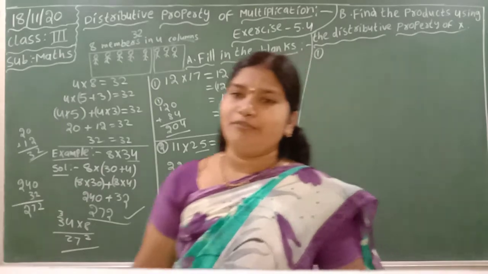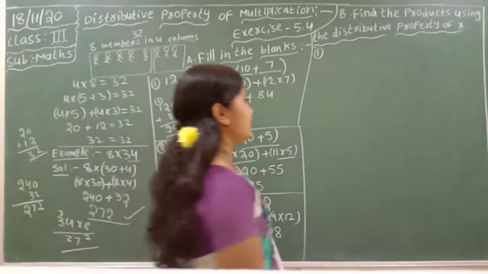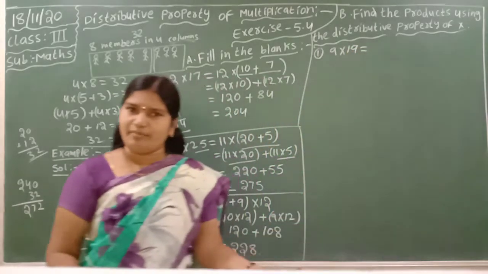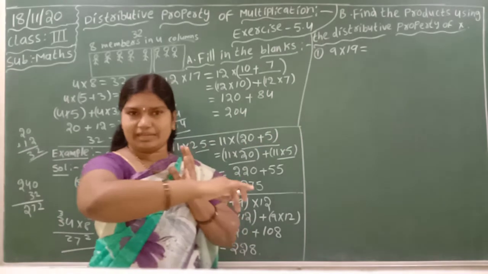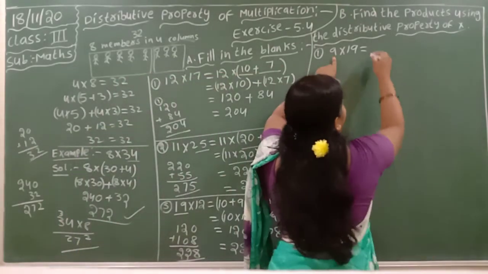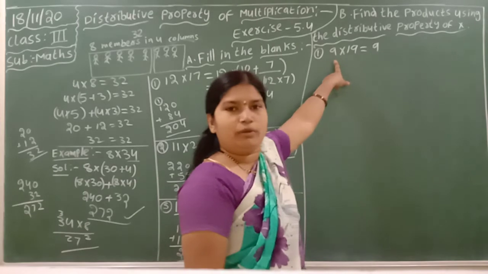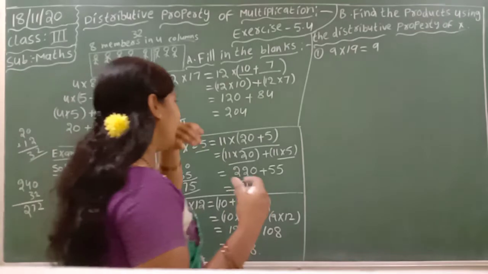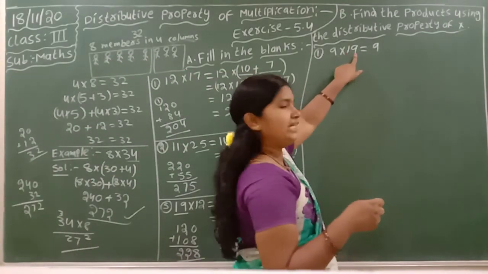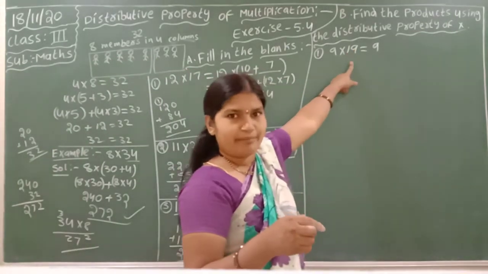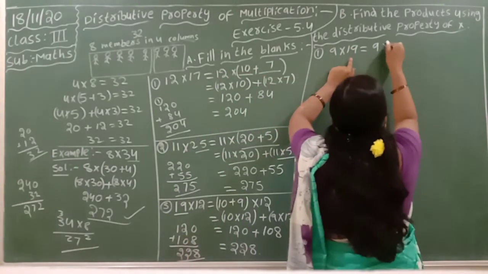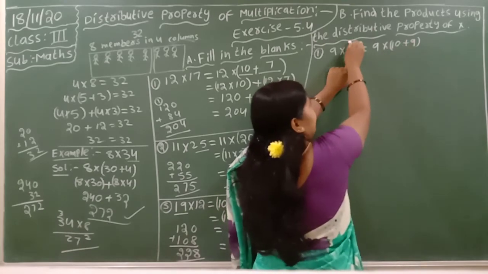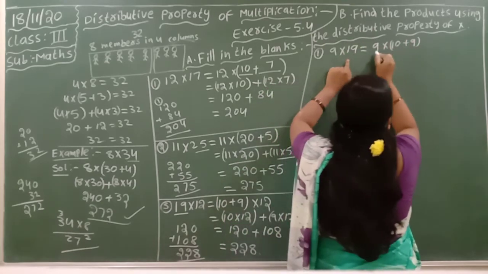Okay, in this first question, that is 9 into 19. Here also the same method, but they given it like a sleeping line. See here. In this distributive property, you have to separate the biggest number into smaller numbers. 9 and 19: here 19 is the biggest number. You have to separate this into 10 plus 9. Why? Because 1 is in the tens place, 1 times 10, and 9 is in the ones place, 9.